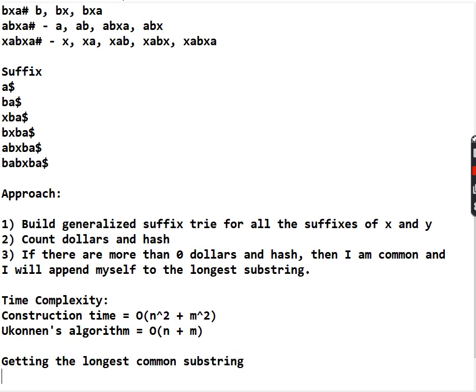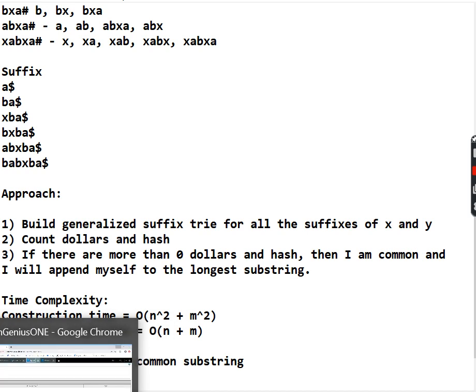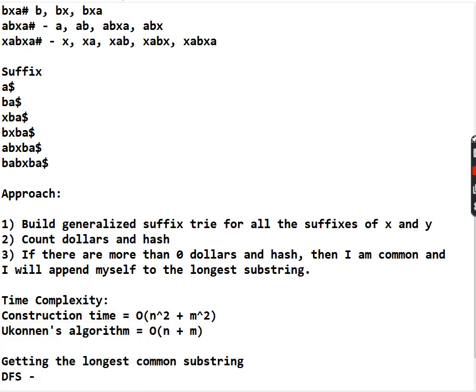We are doing a DFS covering all the nodes, and we have n square plus m square nodes. So that time is also O of n square plus m square, but using Ukkonen's, this is also linear.